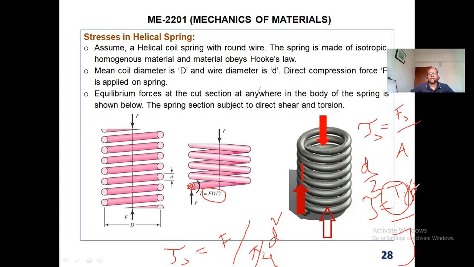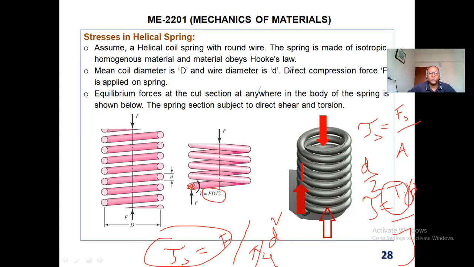Okay, so this is torsional shear force and this is direct shear force. If you add these two, then you get the magnitude of the shear force in the spring under load F. Okay, so let's see how we can derive this one.